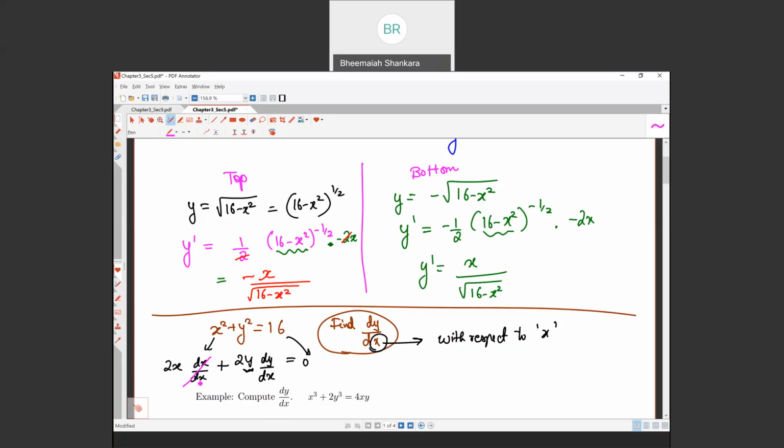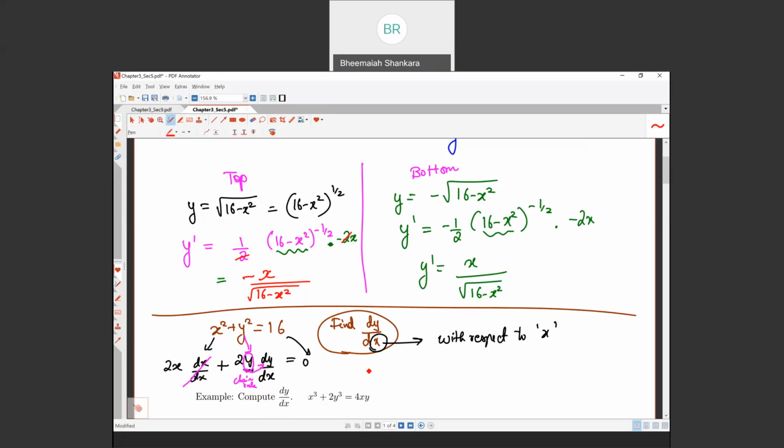So whenever you're differentiating any variable with respect to the same variable, you don't have to write a chain rule for that particular variable. Whereas for the variable y, when you differentiate, you have 2y, but this y should be differentiated again, the chain rule, and then you have dy over dx. So let's simplify this a little bit.